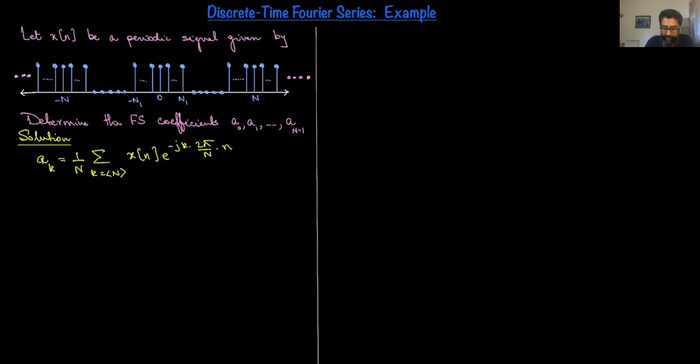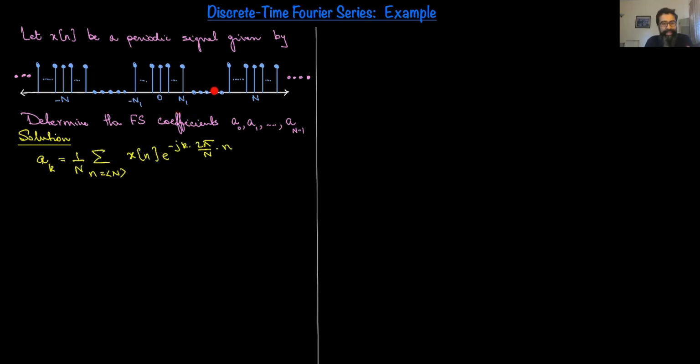And to make my life easier, one of the things I'm going to do is this: the summation is over n. So in order to make my life easier, I am going to sum not from 0 to N, which is something I could do, but maybe a better approach, which makes things easier, is to sum from here to here.